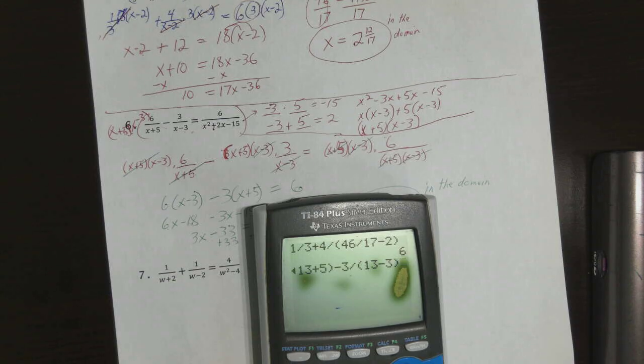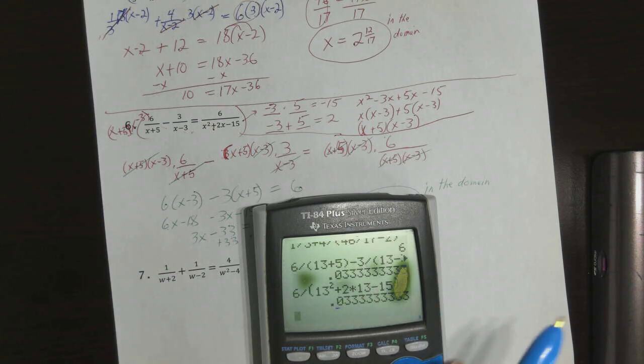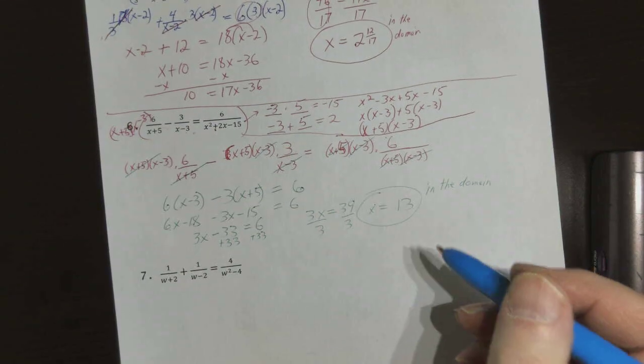Let's see what that equals. Okay, remember that. And let's try it with the other side. I got 6 divided by, start parentheses, 13 squared plus 2 times 13 minus 15. Oh, looky there. Those are the same thing. It does work. All right.